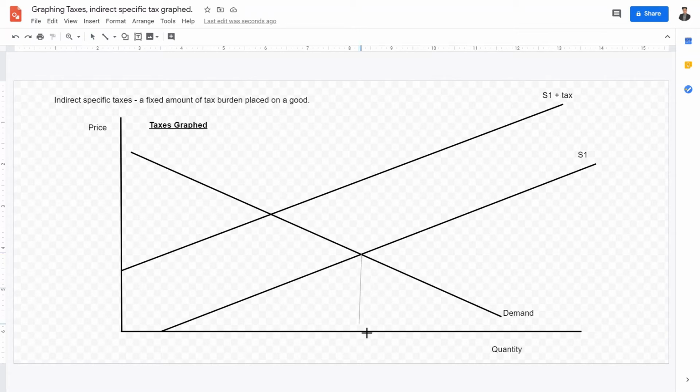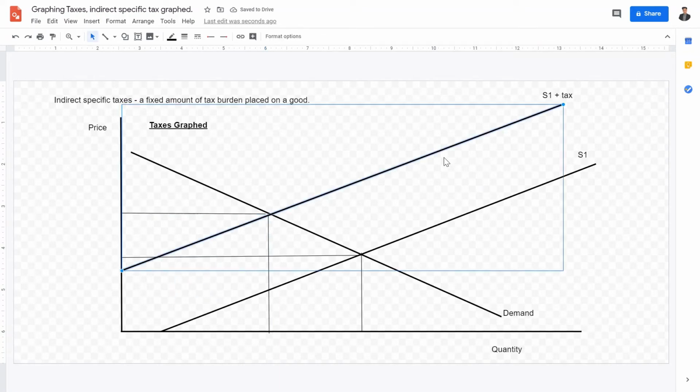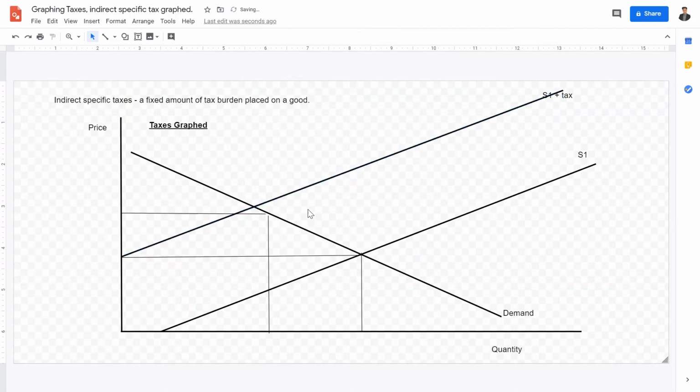Okay. So now that we have all of our curves identified, let us now get into what the taxes actually look like. So drawing the original equilibrium, let's put some lines in. Okay, so these lines show the correlation between the old equilibrium point and the new equilibrium point.